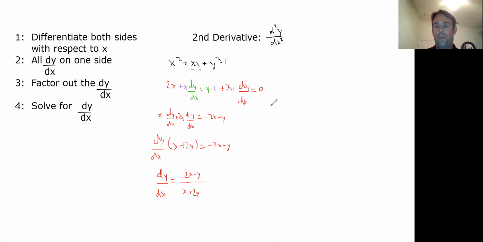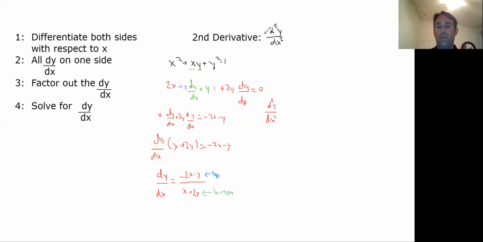So here we go. d squared y over dx squared. So I'm going to have a quotient rule showing up. So here's my top function, and here is my bottom function. We're going to use our quotient rule on it.